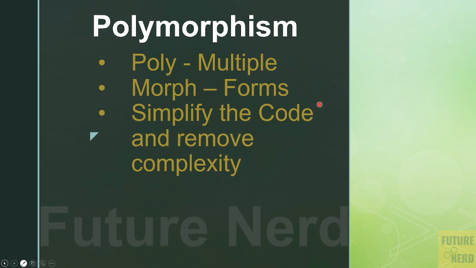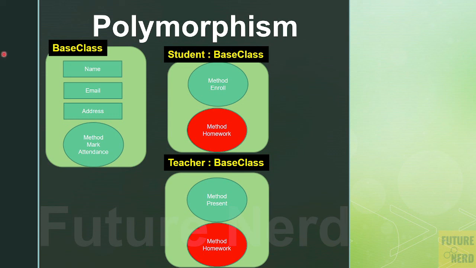The other one is polymorphism. Poly means multiple and morph means forms, so multiple forms. It simplifies the code and removes complexity. Let's see how it happens. Let's say you have a base class for student and teacher, and the student and teacher have a method homework.